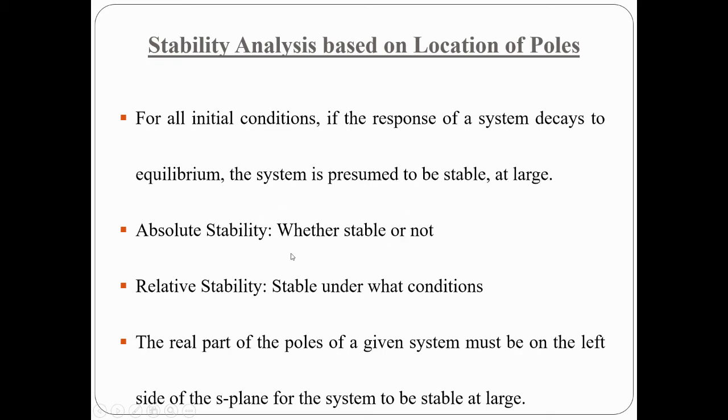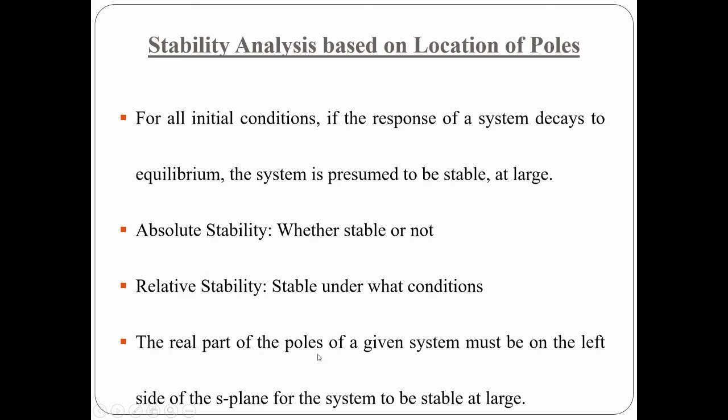So these are the two types of stability involved. Absolute is whether the system is really stable or not, and if some conditions are happening, whether your system is stable or not gives us the idea about the relative stability.